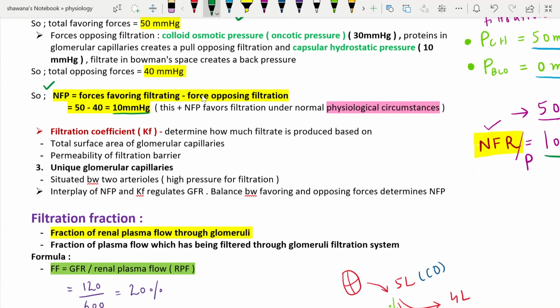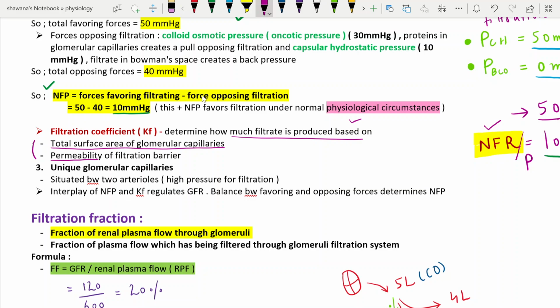Okay, the next factor we need to understand is the filtration coefficient. What is the filtration coefficient? It determines how much filtrate is produced, and it is based on two things: the total conductivity or permeability of the filtration barrier, and the total surface area of the glomerular capillaries.